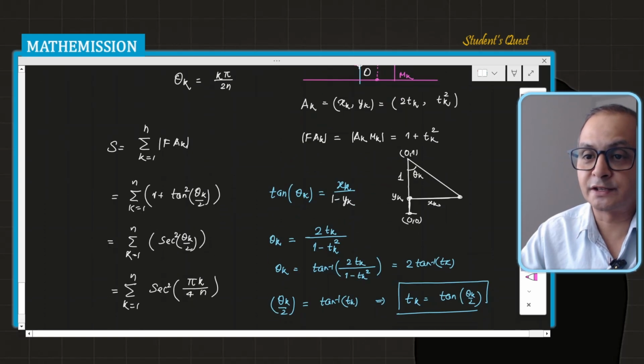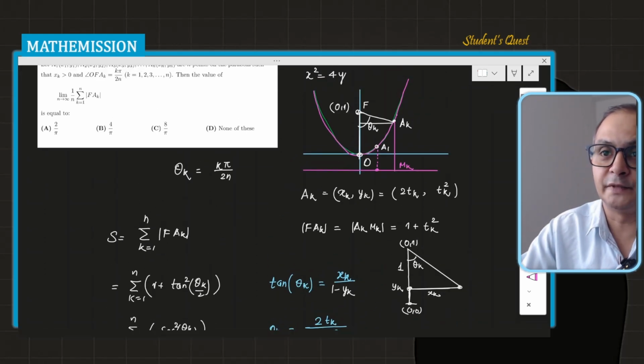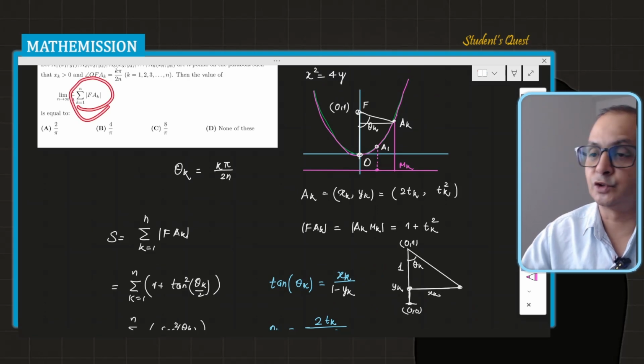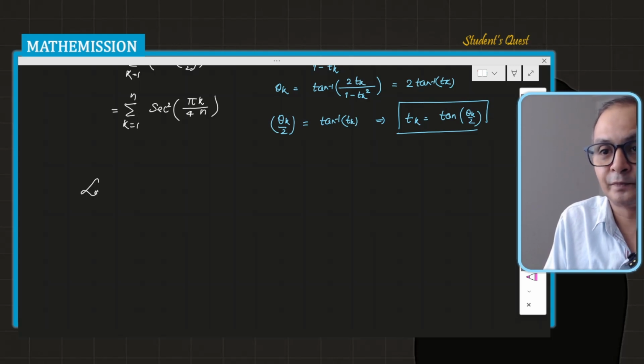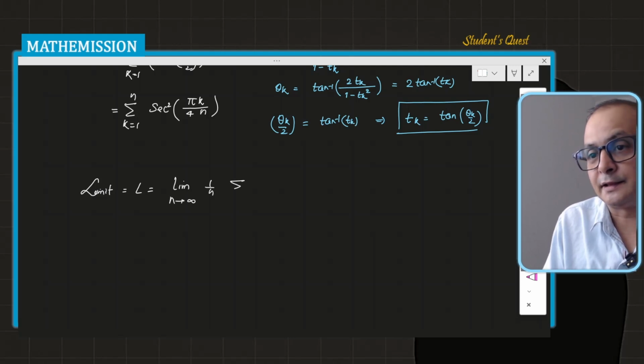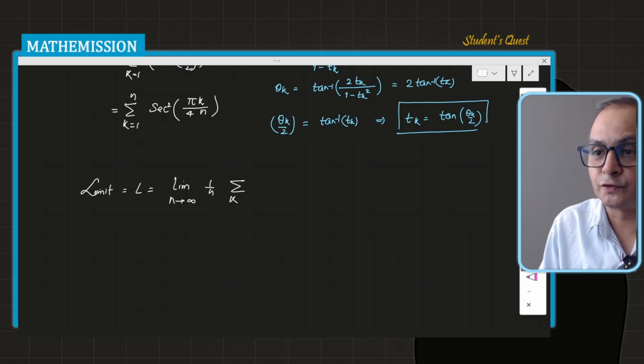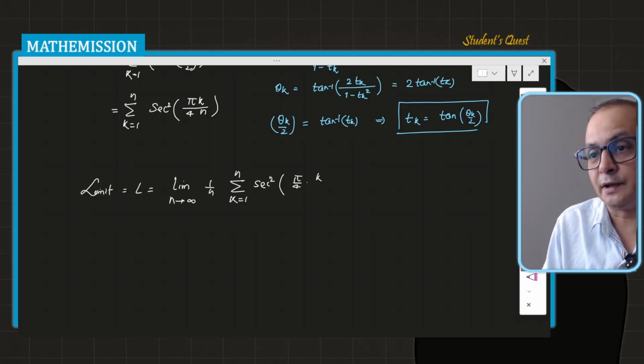So let's substitute this summation in place of this whole thing inside the limit evaluation term. Let's say the limit we are evaluating, let's call it L, is limit n approaches infinity of 1 by n, summation k goes from 1 to n of sec squared of pi by 4 into k by n.